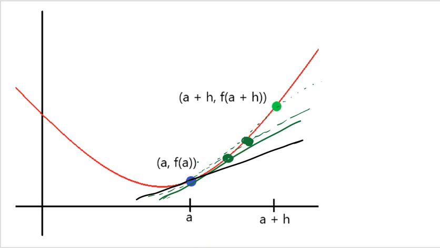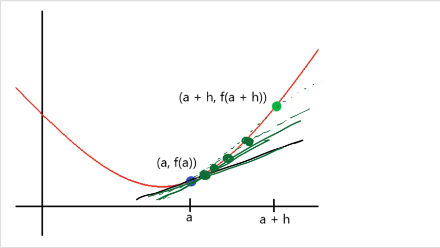But here's how we're going to find that line, or the slope of that line. We want to know the rate of change, right? And again, I'm moving this second point closer. I'm reducing my value of h. So if I move it a little bit closer, and I draw that line, now that line's getting even closer to the black line. The closer I take my second point to the blue point, the closer and closer my secant line becomes that tangent line.